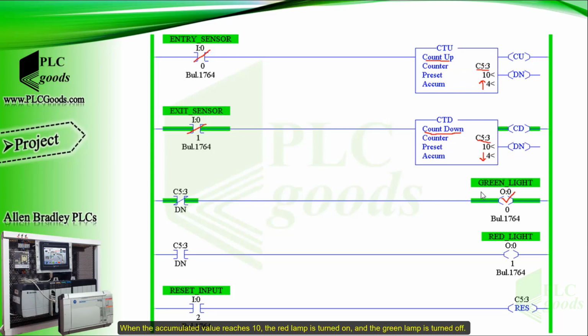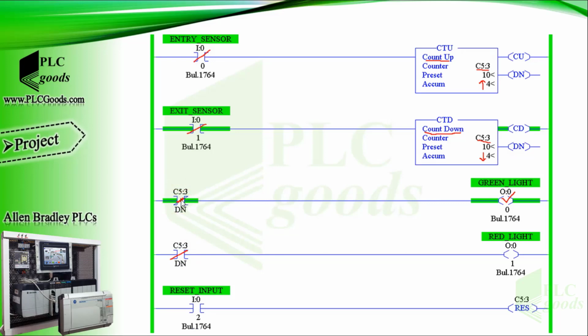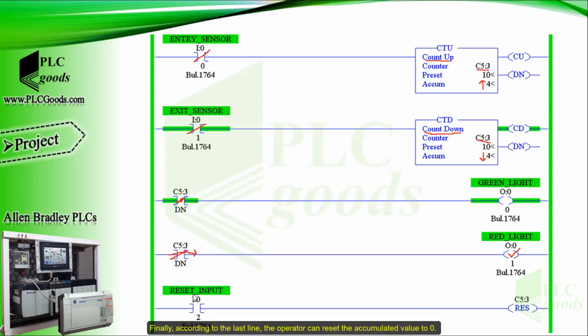When the accumulated value reaches 10, the red lamp is turned on and the green lamp is turned off. Finally, according to the last line, the operator can reset the accumulated value to 0.